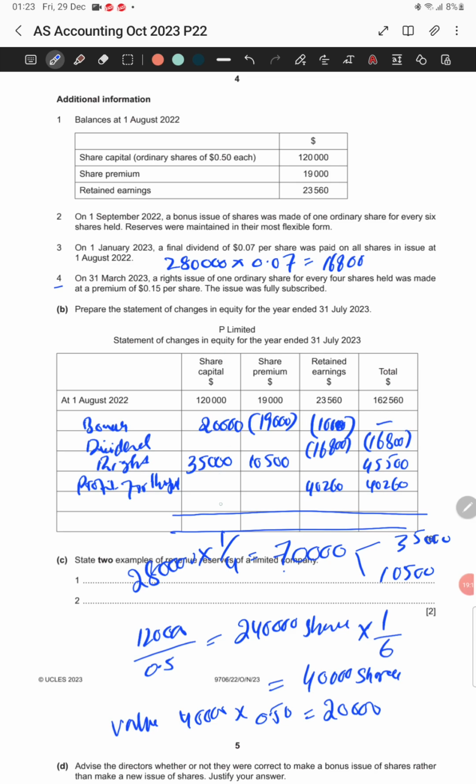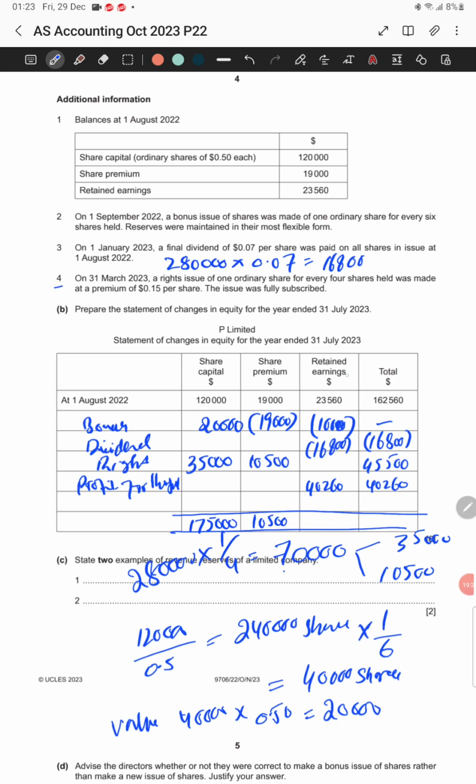Share capital total: 120,000 plus 20,000 plus 35,000, it will be 175,000. Share premium: 19,000 minus 19,000 plus 10,500, it will be 10,500.